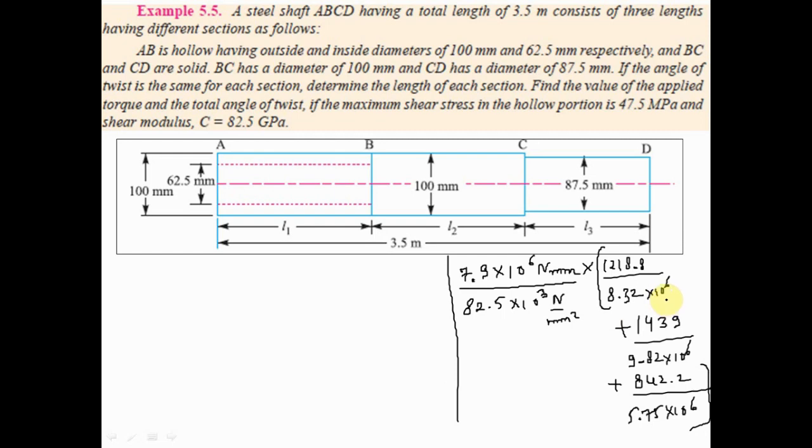And like a shortcut I can tell you, since it was given that the angle of twist was the same for all three, we can say that L1 by J1 will be equal to L2 by J2, will be equal to L3 by J3, or you can solve also.